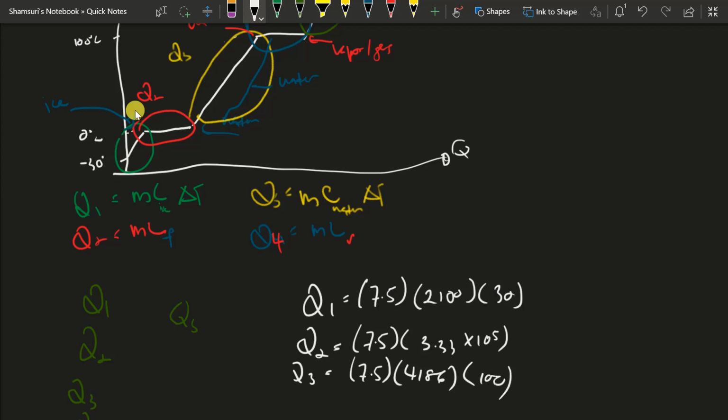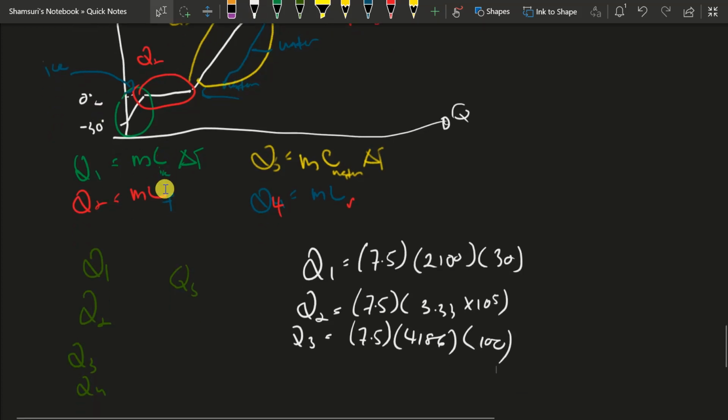Then the heat of vapor, Q4, sorry. Q4 is vapor, so m is still 7.5, and the latent heat of vaporization is bigger, I think. Yeah, bigger. 22.6 times 10 to the power of 5, yes.